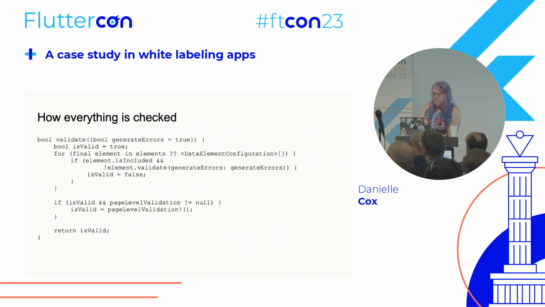And then once again, as part of that navigation where we're going to the next page or previous page, we have to run through all the elements. This is very similar code in that I go through all the elements on this page and query them to see if they are all valid.